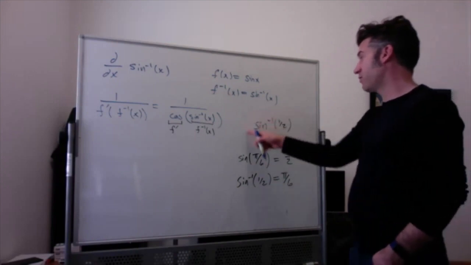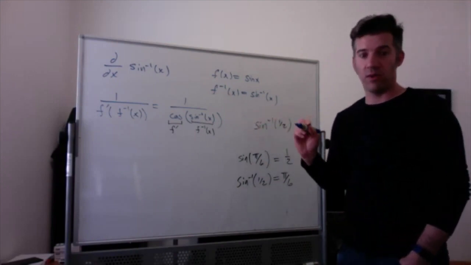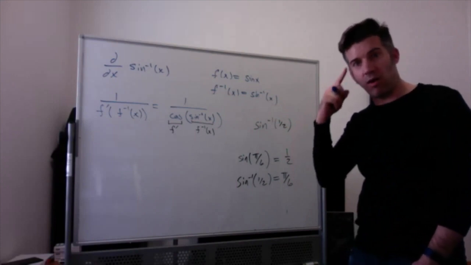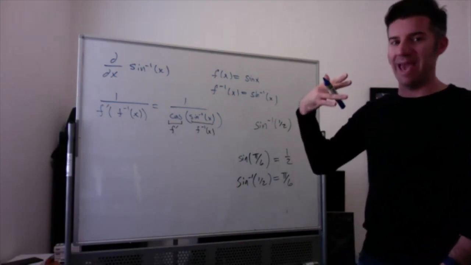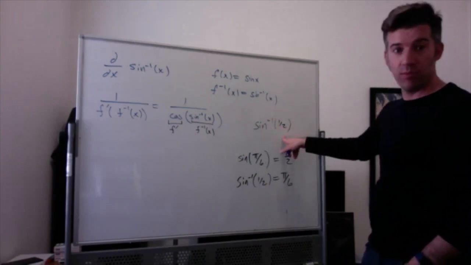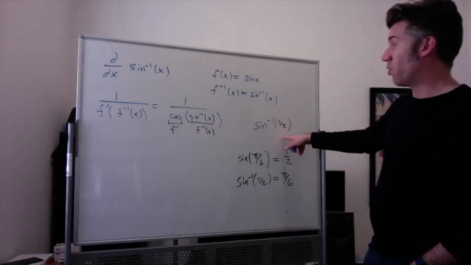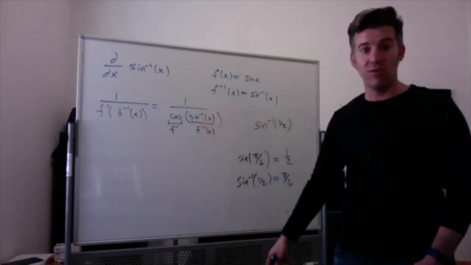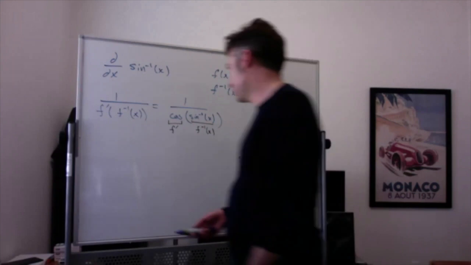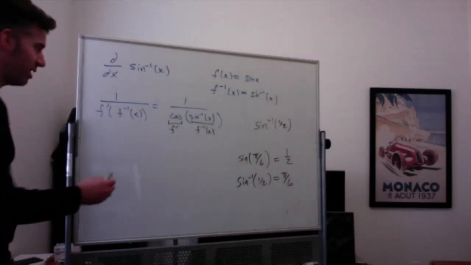So when I see inverse sine of 1/2 or inverse sine of anything, the words that happen in my head are, I'm looking for the angle whose sine is equal to that number, 1/2. Or in this case, I'm looking for the angle whose sine is equal to x. So that's what I'm going to draw in my triangle.